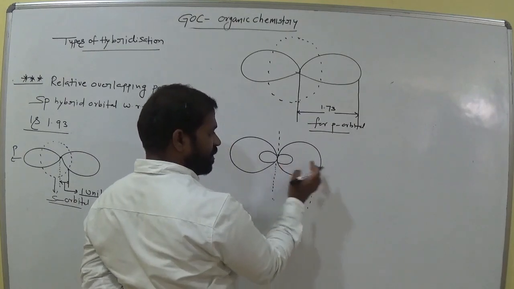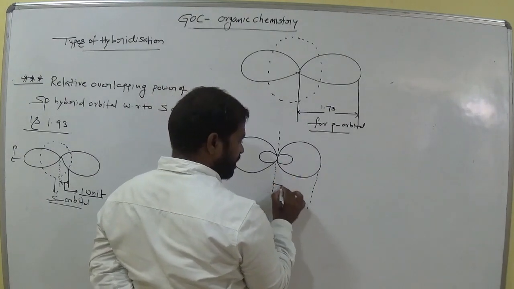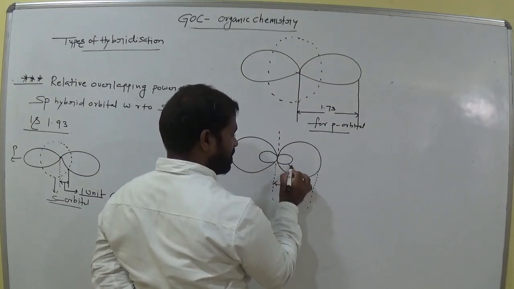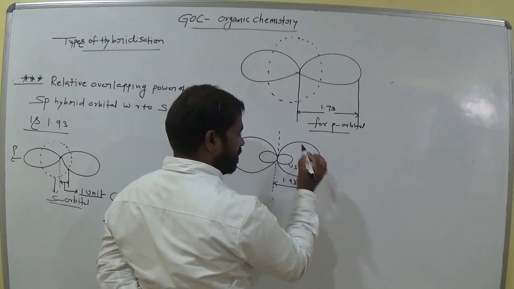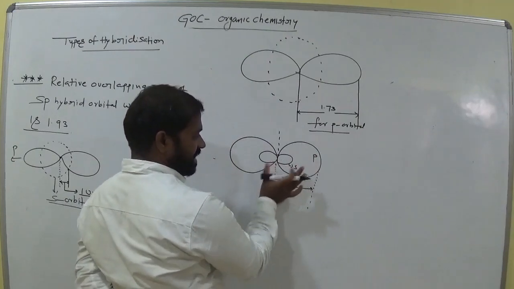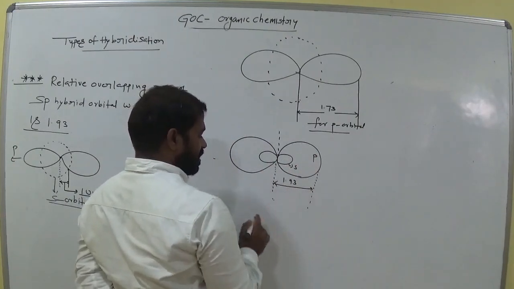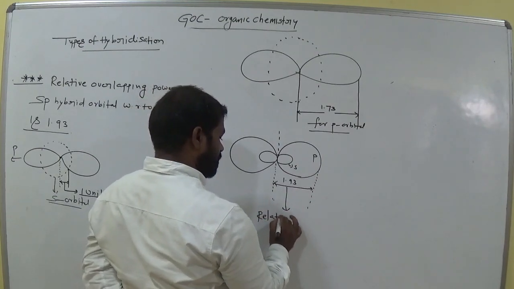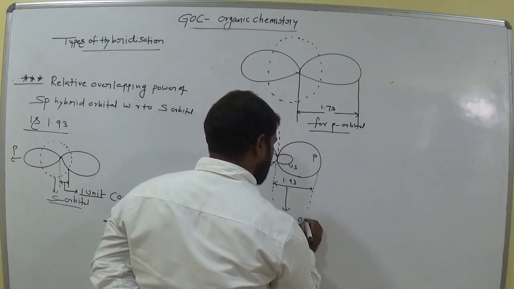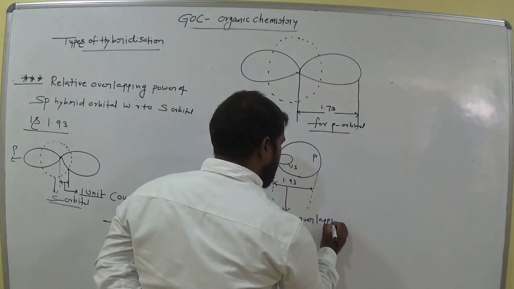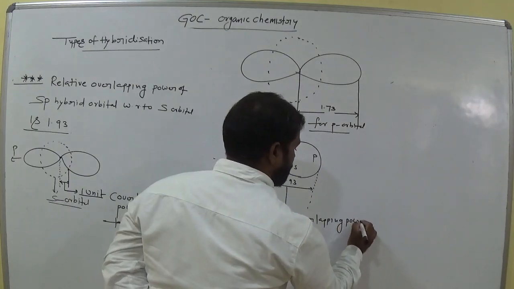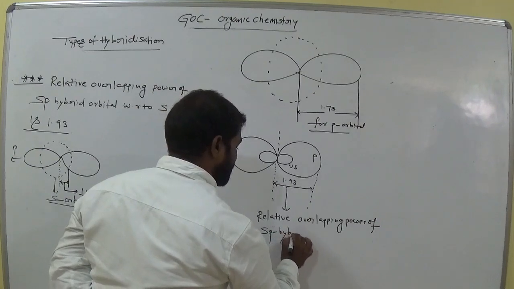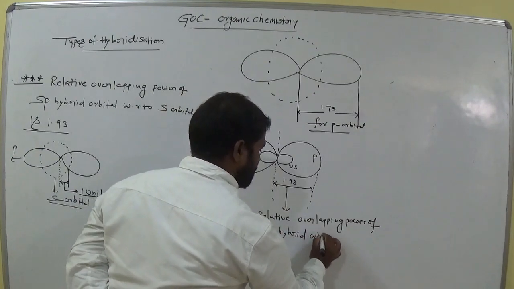Now it consists of an s loop and a p loop, both, am I right? Now this represents 1.93. This is s. This is p. Now both are overlapping. This is the representation. This is called the relative overlapping power of the sp hybrid orbital.